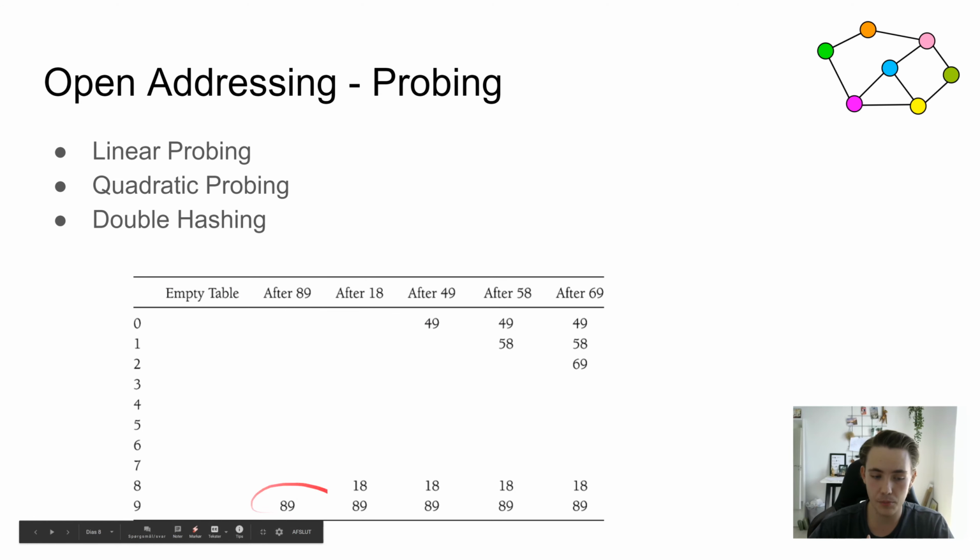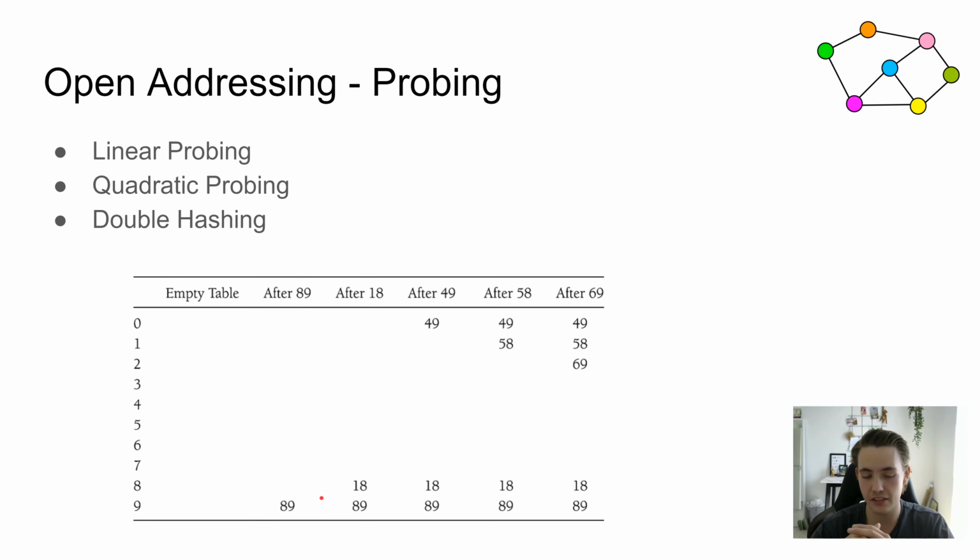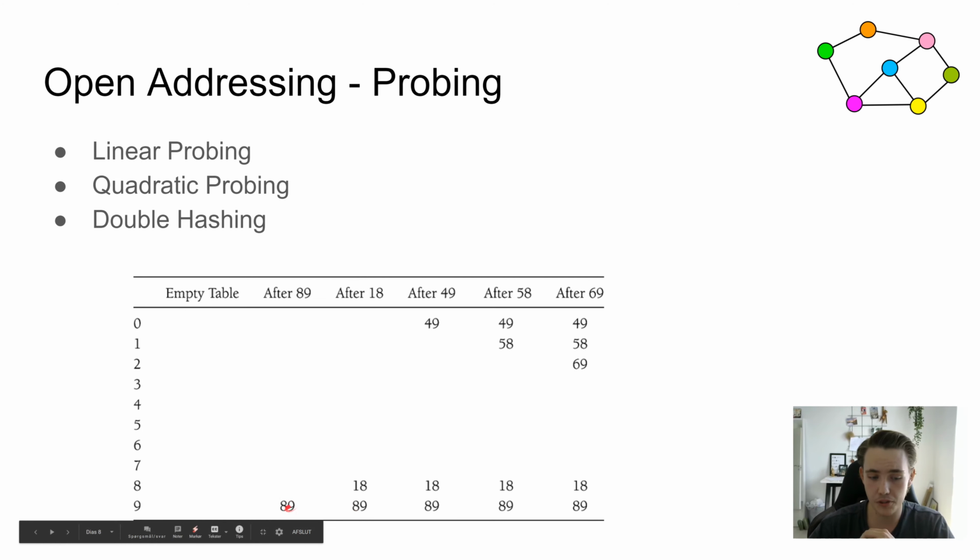In this example we use the hash function we just went over, where we take the hash value modulo the table size. So in this case all the numbers ending with 9 will be stored at index 9. We first add 89, and it will be stored because the index is empty, so we can just store it here.